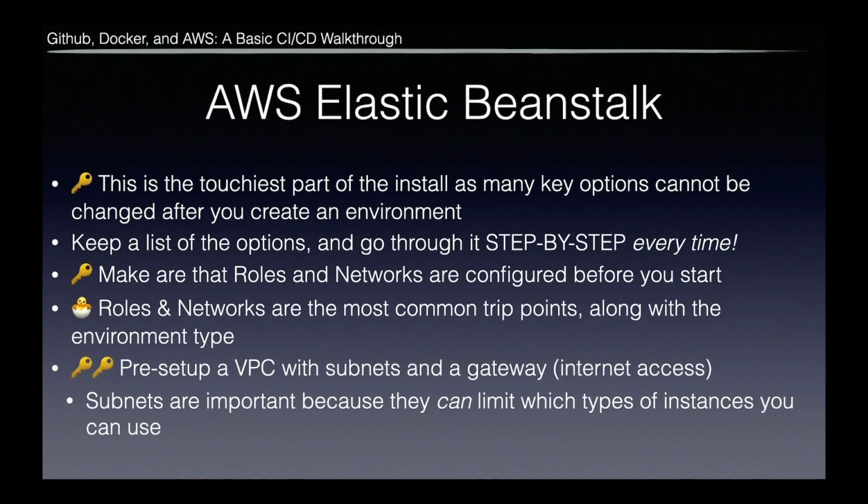Elastic Beanstalk. This is the second worst service to use on Amazon. It's touchy, but it's touchy for reasons that I'll make clear, and that's why most of these are caveats, tips, or tricks. Elastic Beanstalk launches EC2, which is container instances, into Amazon Web Services.